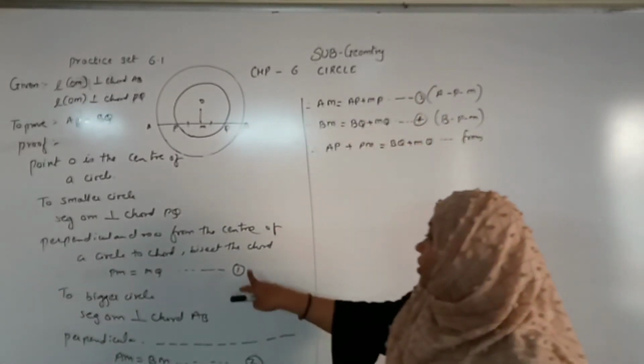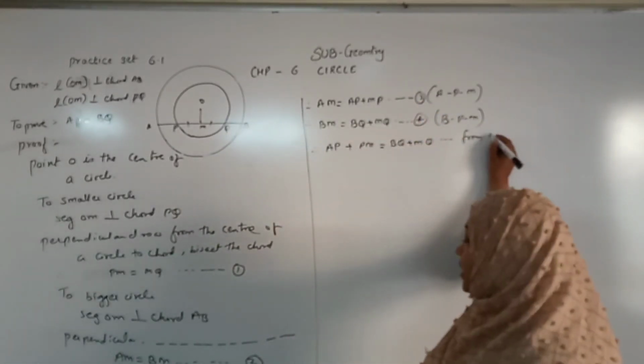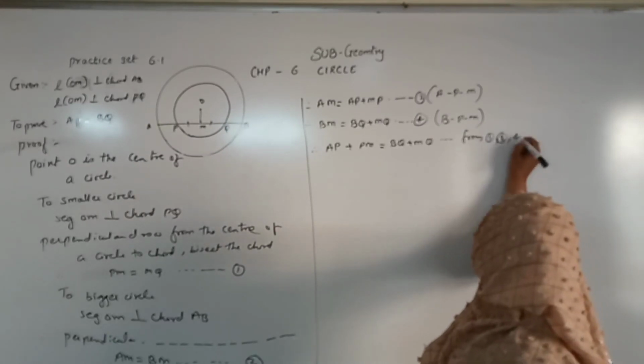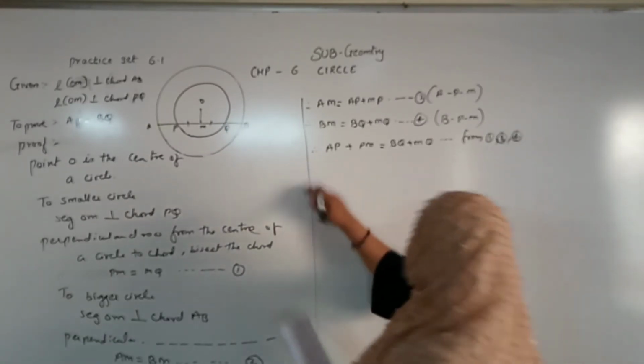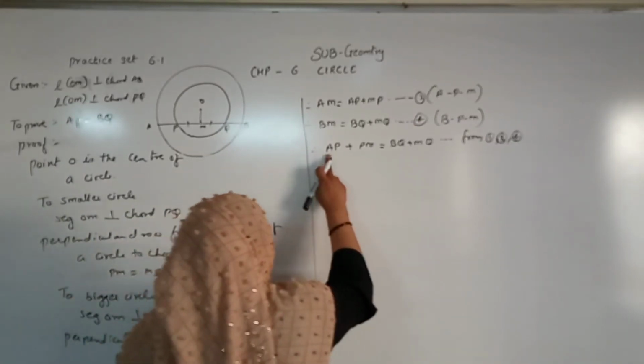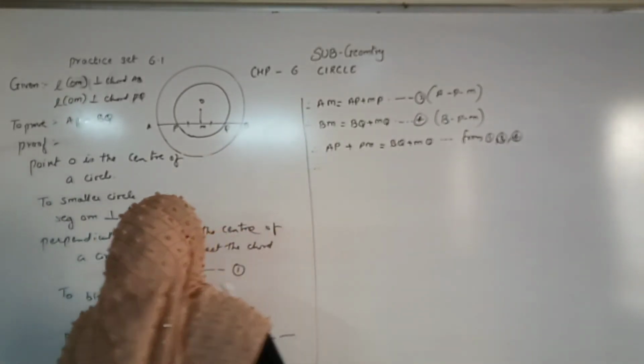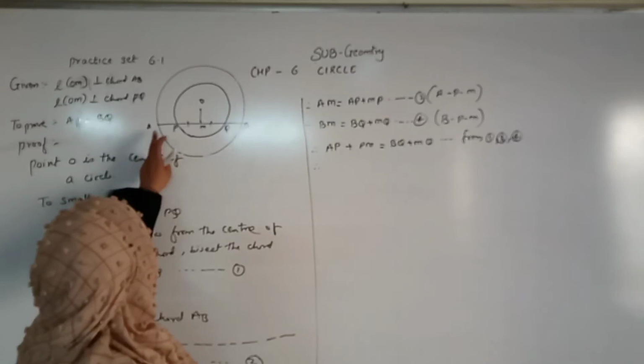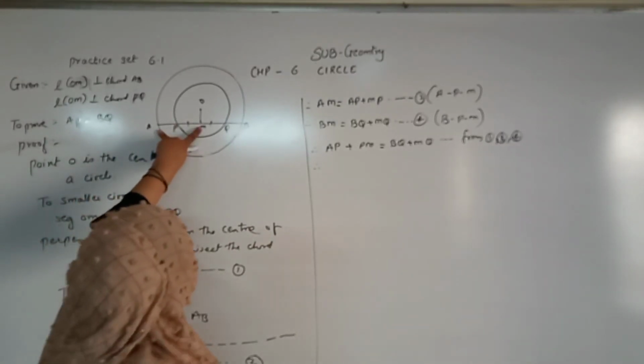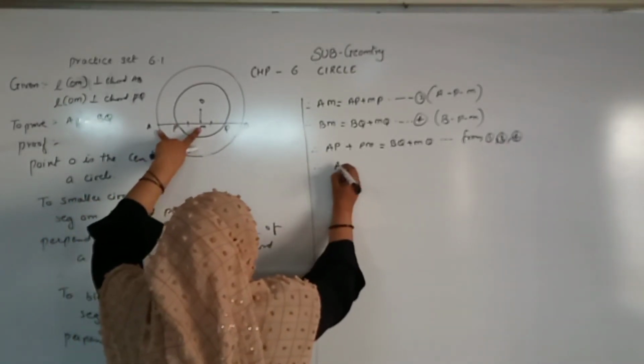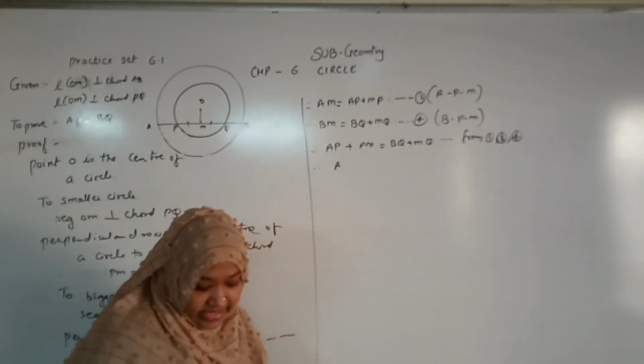So according to the question, from equation number 1, 3 and 4. Now AP और PM को कर देंगे. See that, AP plus PM तो क्या बन जाएगा? बोलो क्या करेंगे हम?